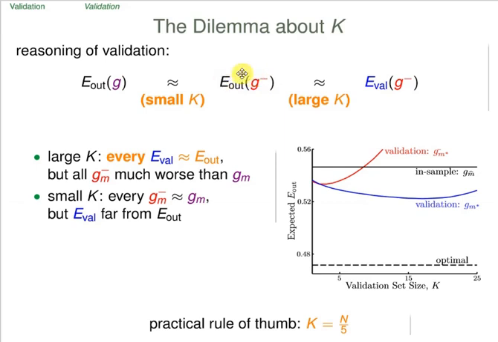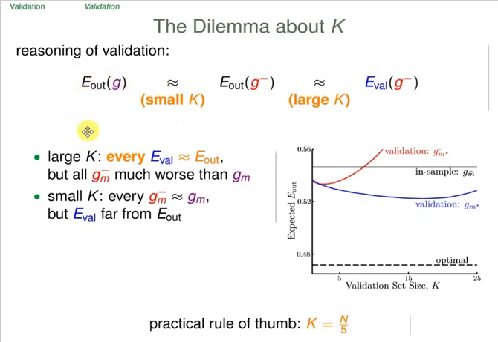Therefore, it is necessary for K to be small so that our G minus is fairly close to G. Because the bigger K, the larger the discrepancy, the difference between the training set and the full set, and therefore the larger difference between G minus selected and G.